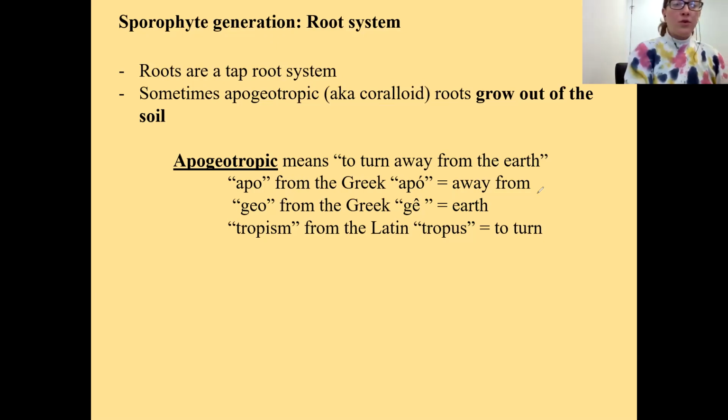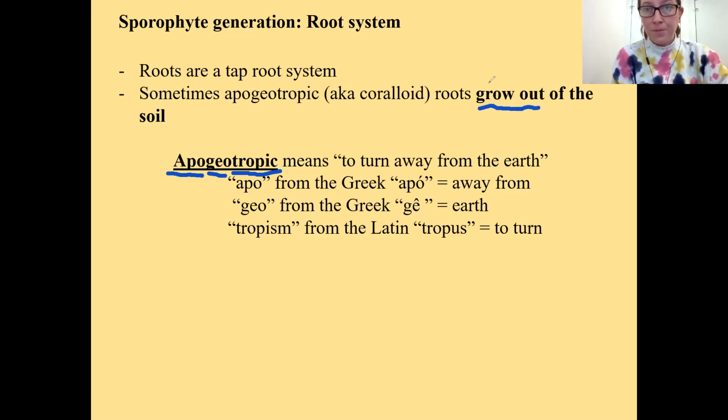And tropism refers to tropos, which means to turn or to move. So these are roots that move away from the earth, or in other words, grow out of the soil. I like that word. Plus it's fun to say. So cycad roots are a taproot system, and sometimes the roots grow out of the soil, which we call apogeotropic.